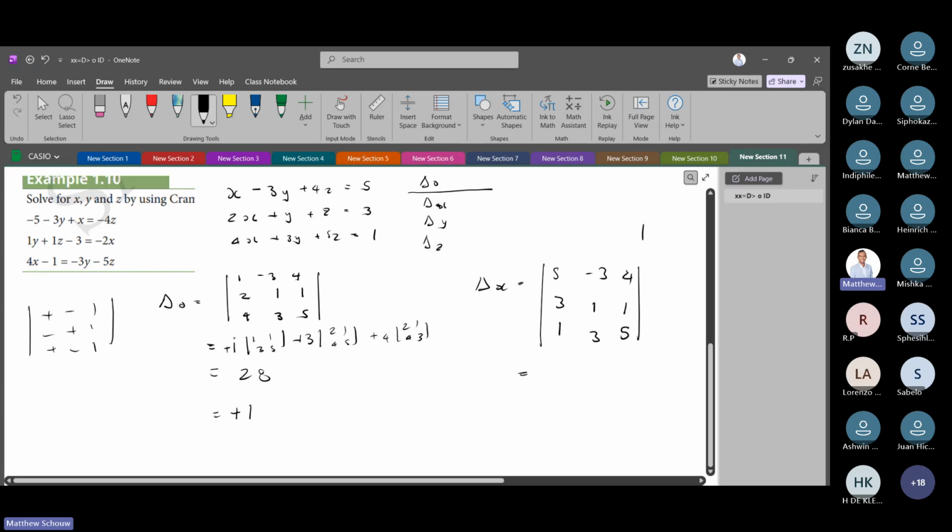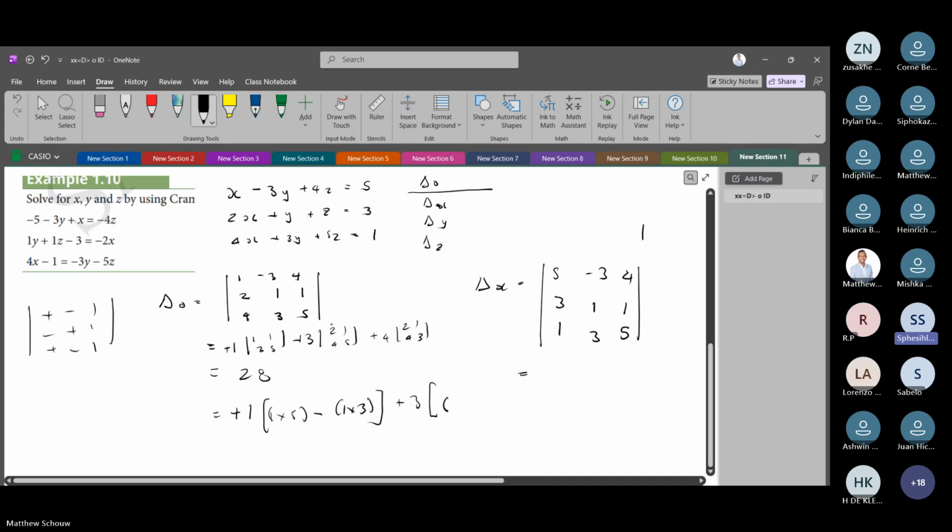So remember, you're taking 1 here, right? And we open this up. Remember, it's 1 times 5. Isn't it a negative? No, 1 times 5, then minus 1 times 3. Yes, sir. So plus 3.